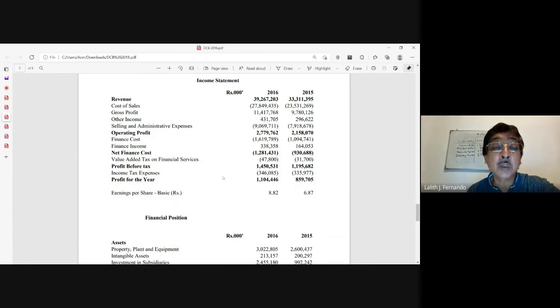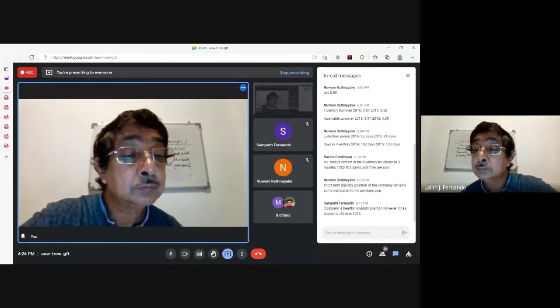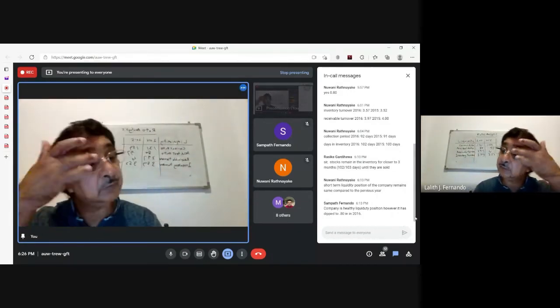Income. You can get net income here divided by revenue. That gives you the profit margin. Just try to calculate the profit margin and the return on assets.